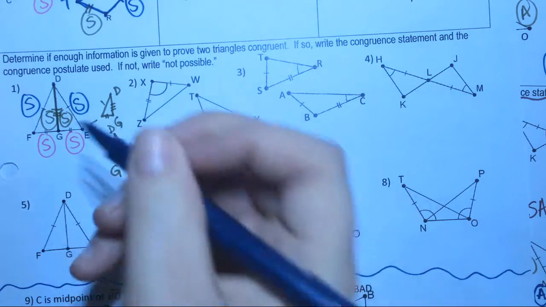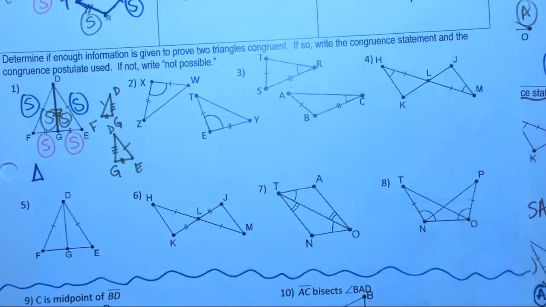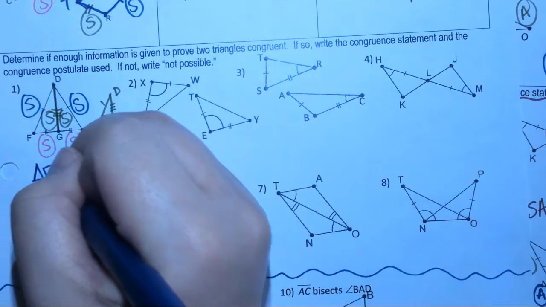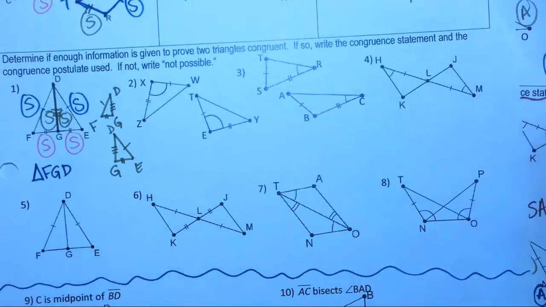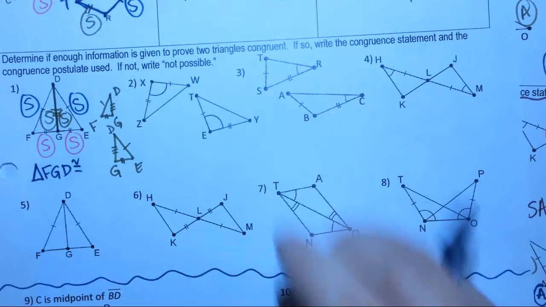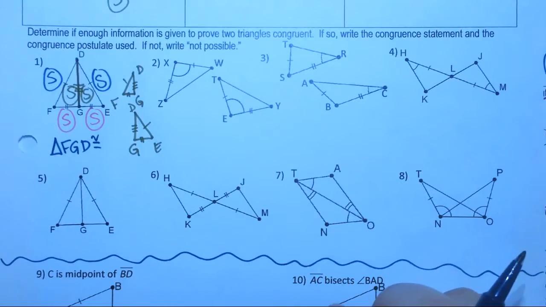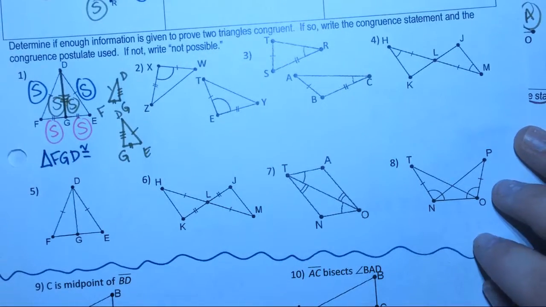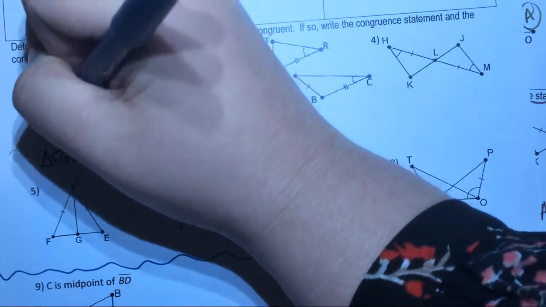So when I write my congruence statement, I do it by colors. If I write F, G, D, then I did pink, green, blue, so I would do pink, green, blue again. But if you want to just compare dashes, like FG is a 2 dash, so my first one needs to be GE because it's a 2 dash, you can. Or you can seriously do it like Mr. Barnes. He says he drives from F to G, he hit 2 potholes.